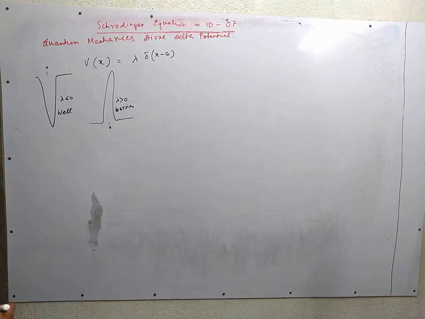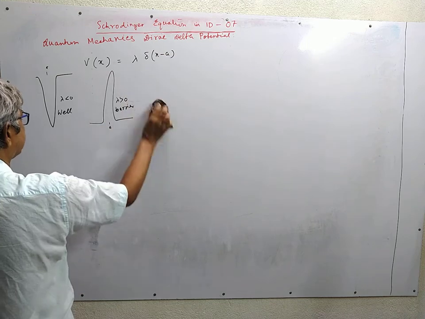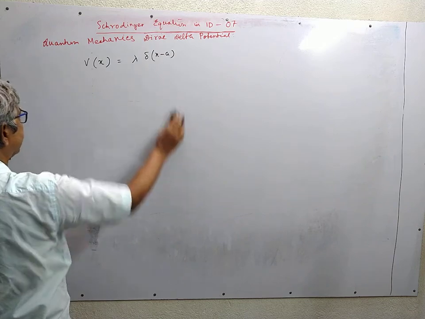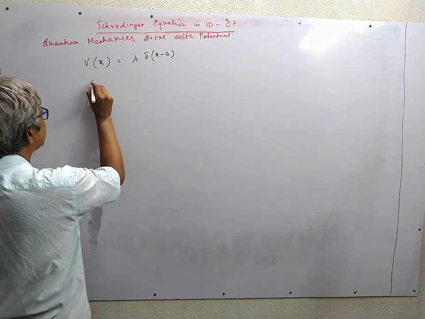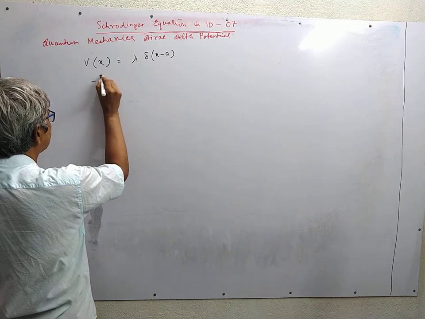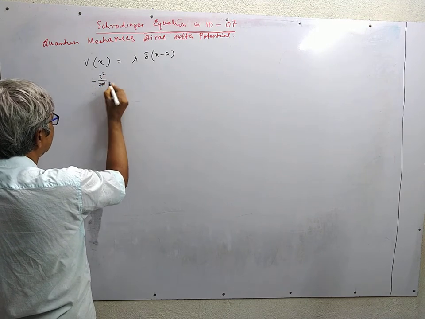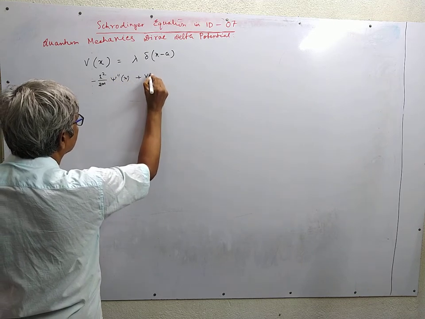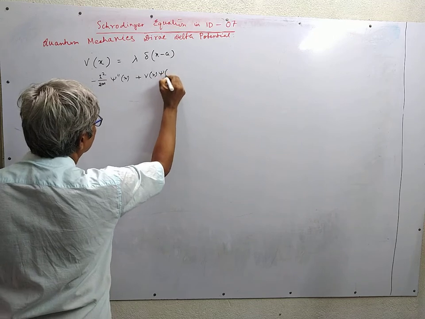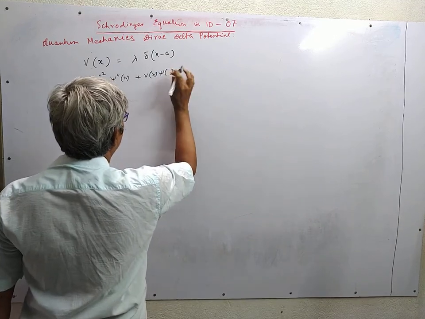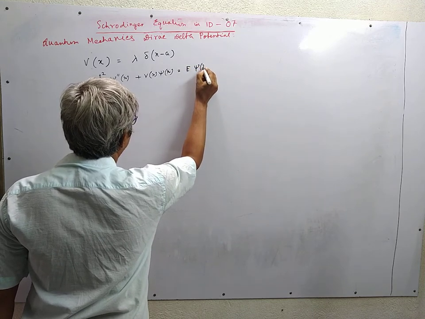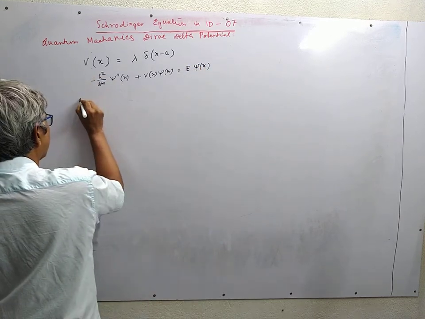We shall write down the wave function for a particle of mass m subjected to this potential, and the energy of the particle, let it be E. Then the time independent Schrodinger equation is this, where E is the energy eigenvalue.